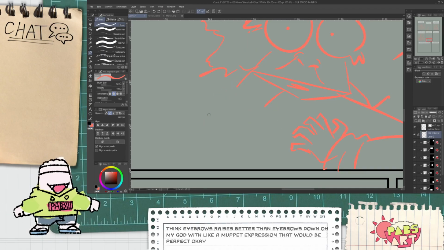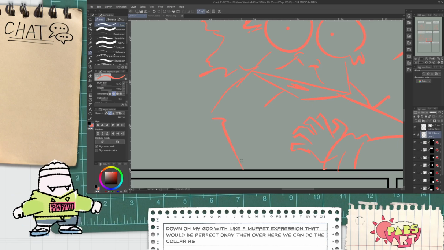Okay, then over here we can do the collar as normal. And the lapel.